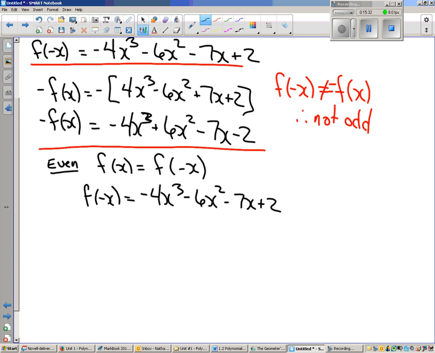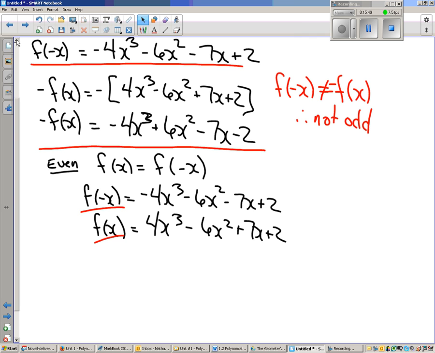We know our original function is 4x cubed minus 6x squared plus 7x plus 2. We compare those two. They're not the same either. So now we know it's not even.